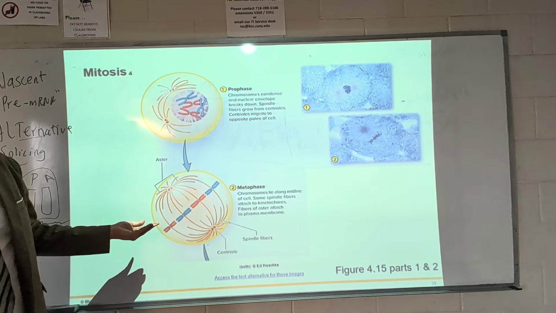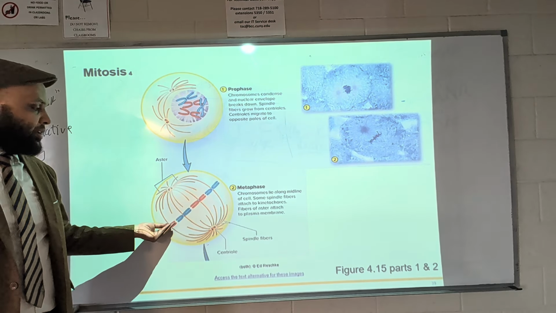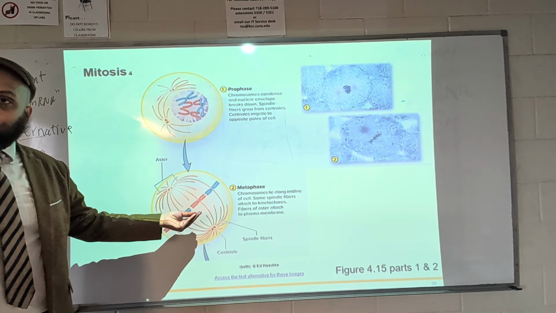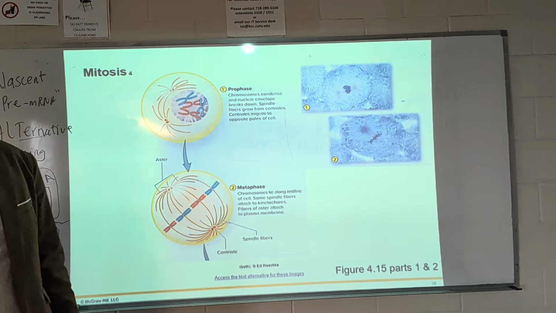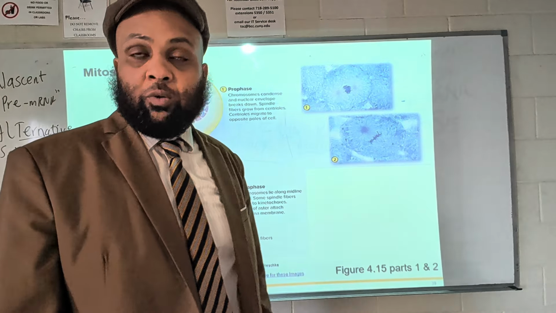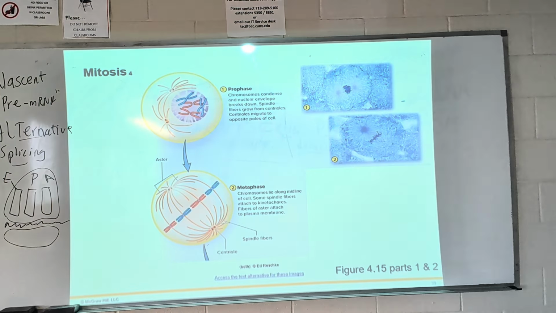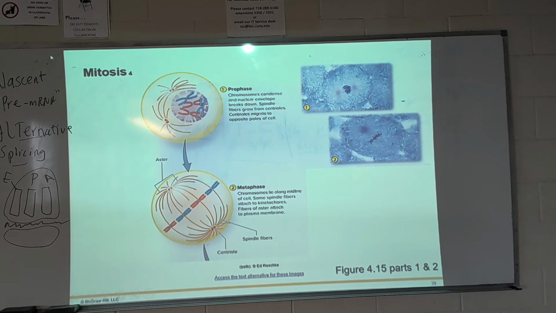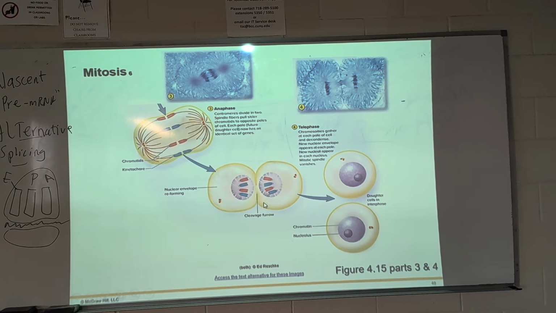In metaphase, you have the chromosomes lined up in the middle in what's known as the metaphase plate. So you have chromosomes lying along the midline of the cell, and some spindle fibers attached to kinetochores, and you have the fibers of the aster attached to the plasma membrane.